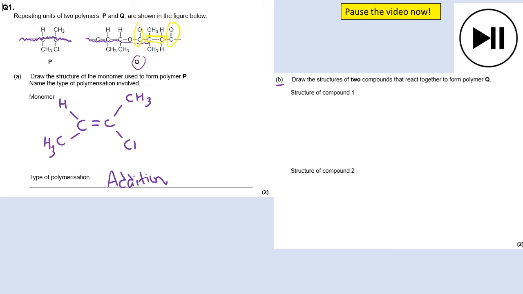So what I've got here for my dicarboxylic acid, there's 1 carboxylic acid, and in between there's a CH2, and then there's a C with CH3, CH3, and then that goes to another carboxylic acid group.